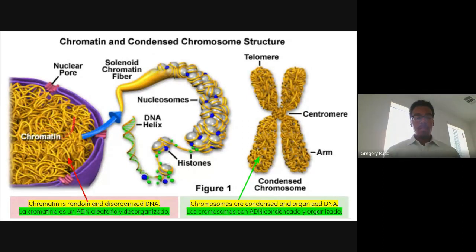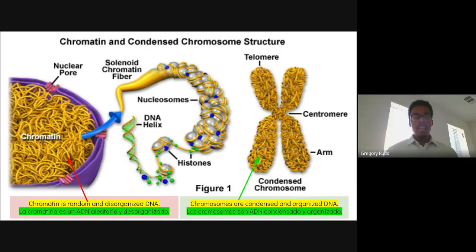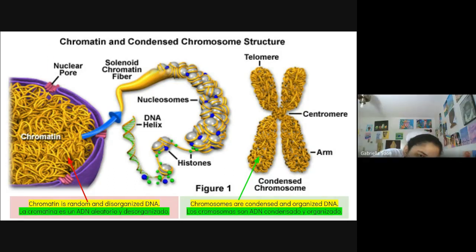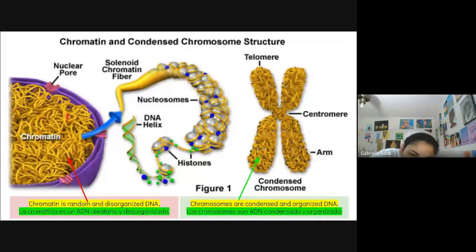It looks like a big bowl of spaghetti. So this is actually inside of the nucleus. Chromatin is random and disorganized DNA. We can see there's basically no order to this. It's just twisted. Why is it like this? That's just how it's stored in the nucleus. So it's just like that.